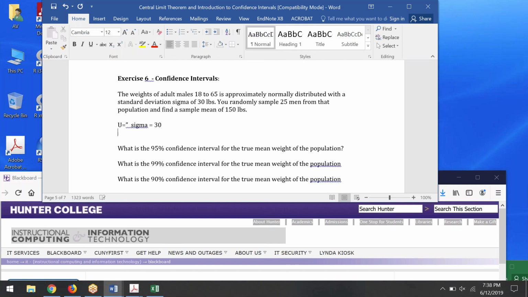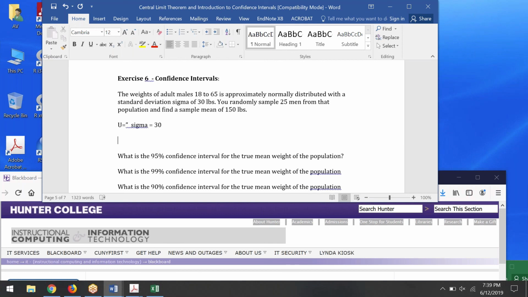Okay, so now we take a sample of 25 men from this population, and we find that X bar is equal to 150 pounds. Remember, a sample of 25 is not a gigantic sample. It's getting pretty close to a large enough sample to have some confidence in. But 25 is still a pretty small sample. However, we have the advantage of knowing what sigma is.